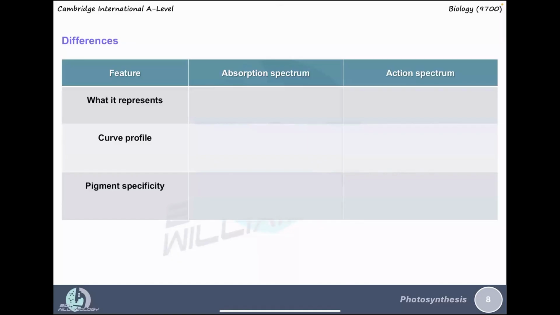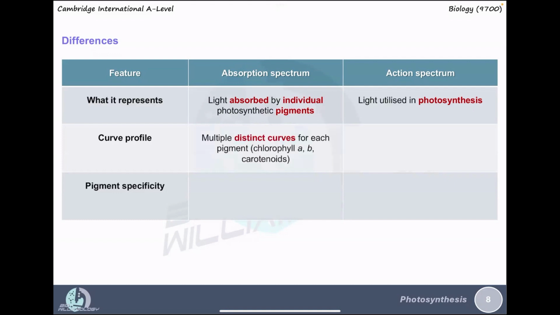So let's look at the differences between absorption spectrum and action spectrum. What it represents: the absorption spectrum shows how much light is absorbed by individual photosynthetic pigments. The action spectrum shows how the light is used, or which wavelength of light is effective to be used in photosynthesis. In terms of curve profile, the absorption spectrum shows multiple distinct curves, for example in this case for chlorophyll A, B, and carotenoids.